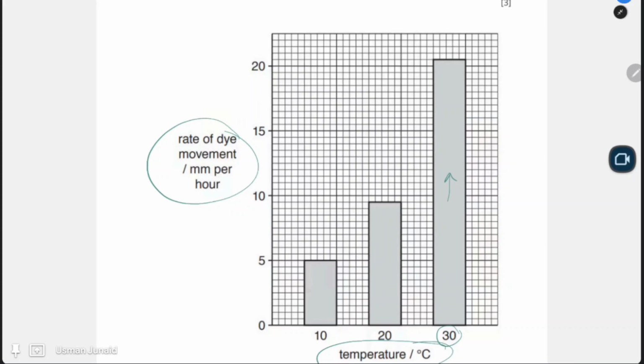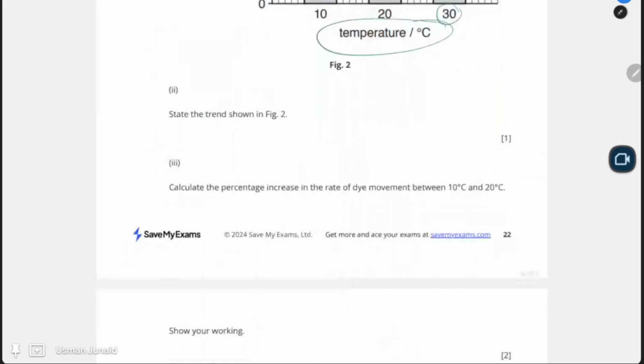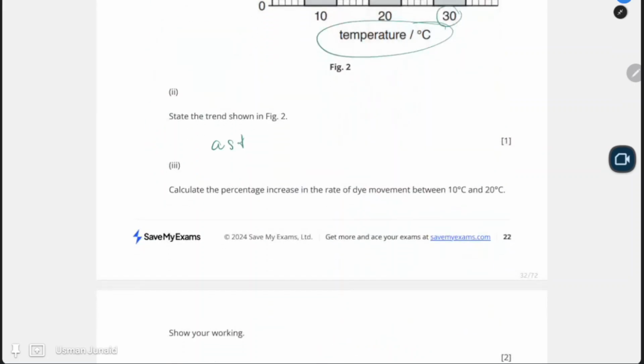Yes. Right. So as the temperature increases, the rate of movement of the dye increases.